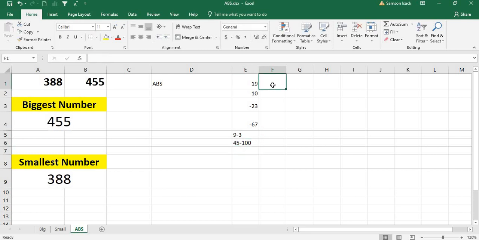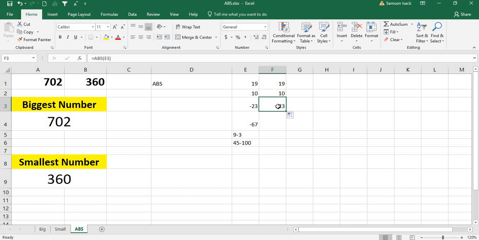Okay, so what I'll have is ABS of the number, which gives 19. That's fine. You have 19 become 19, 10 become 10, minus 23 is 23.